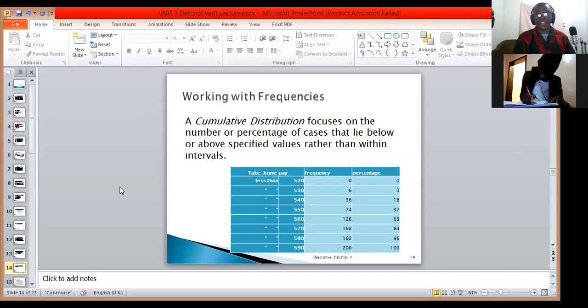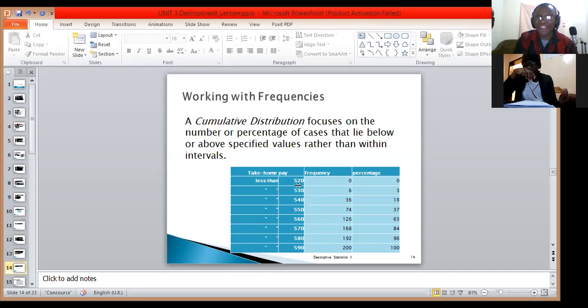So the first class ranges between 520 and 530. Because we are about to plot this graph, we are going to pick 520, 530, 540, just like that up to 590.